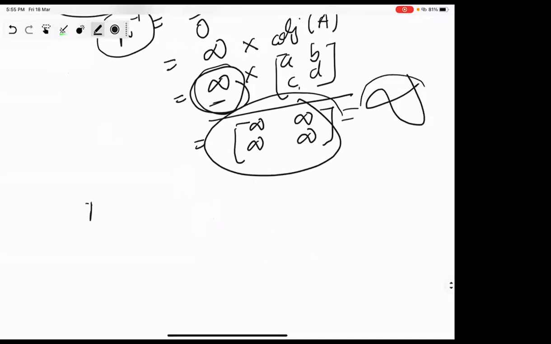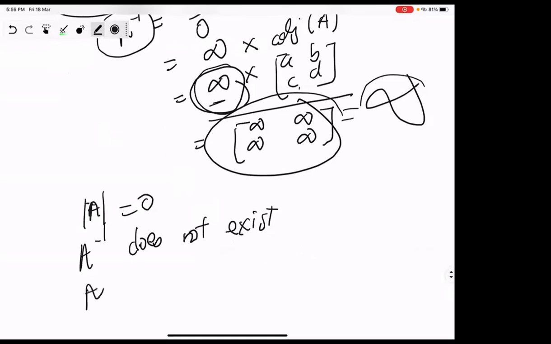If the determinant is equal to 0, the inverse does not exist. And if the inverse does not exist, then we say that the matrix A is non-invertible or singular.